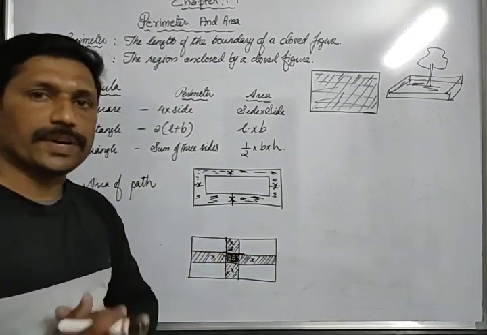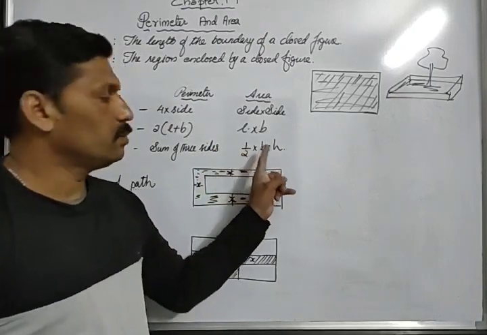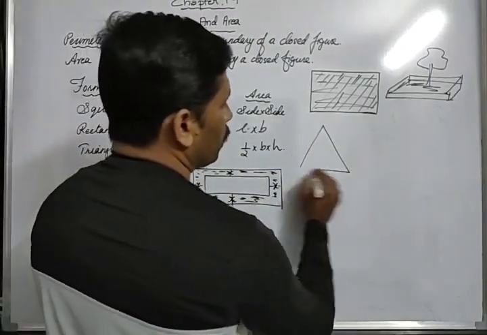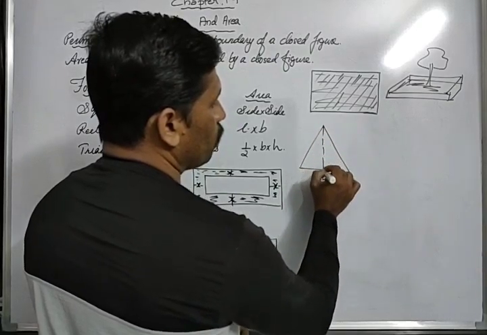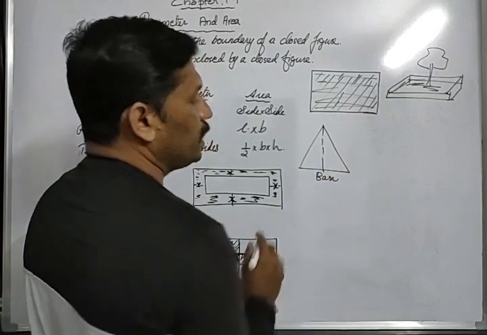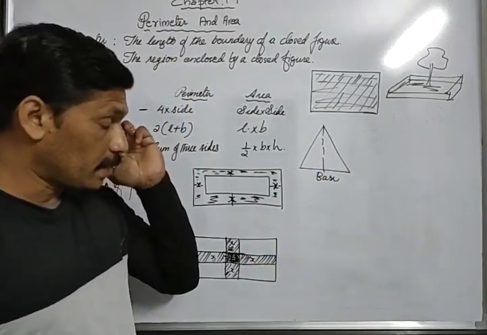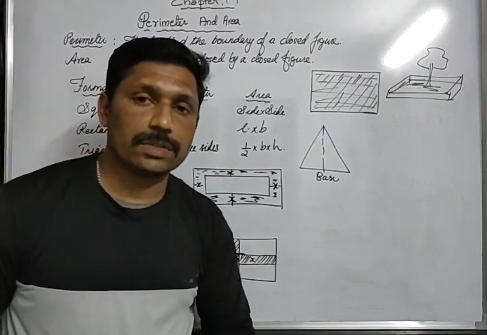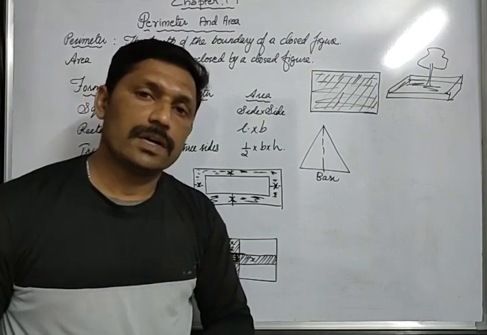We add all the 3 sides, side plus side plus side, and its area is half into base into height. If this is the triangle, this is called the base and this is called the height or altitude. So half into base into height, we multiply and take the half, then we get the area of this triangle. So these are the different formulas regarding perimeter and area of a closed figure.